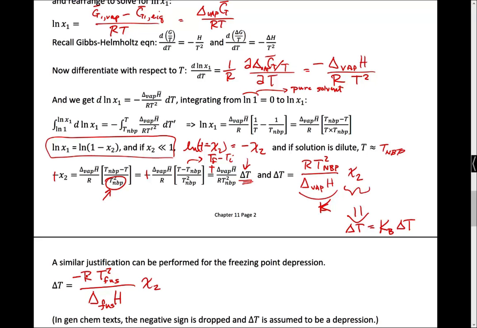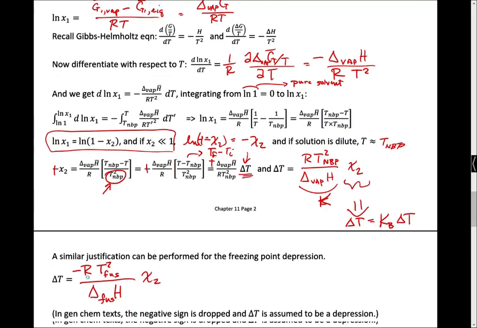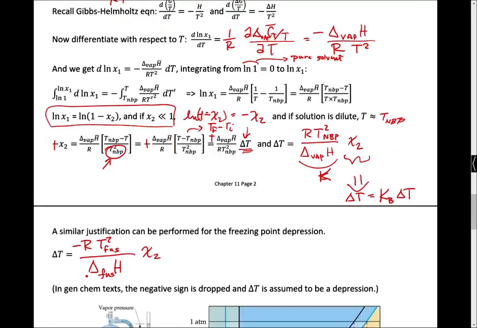Yeah? Why is delta T equal to KB delta T? Oh, yeah, it is m2. Sorry about that. x2 is proportional to m2 and vice versa. All right, thank you.